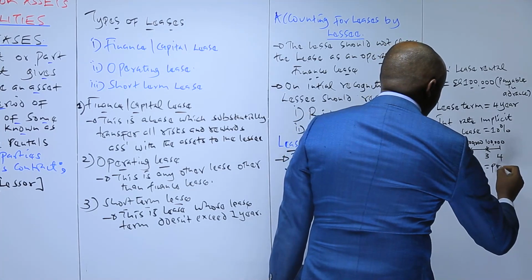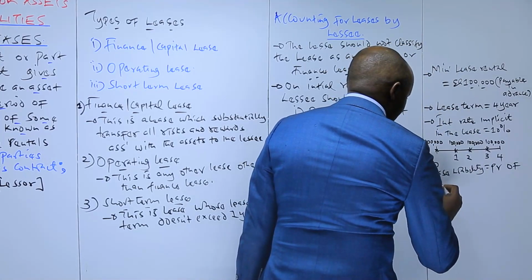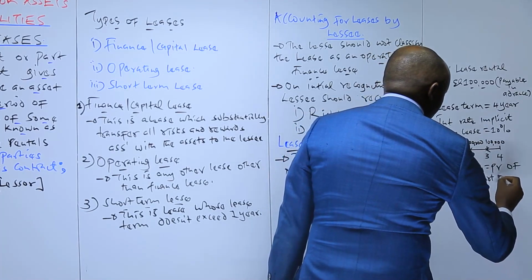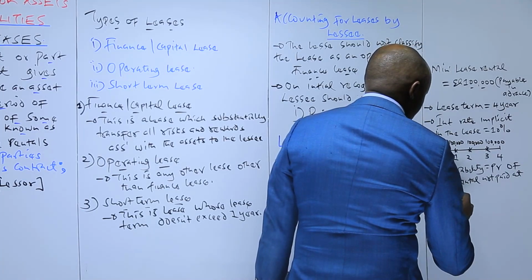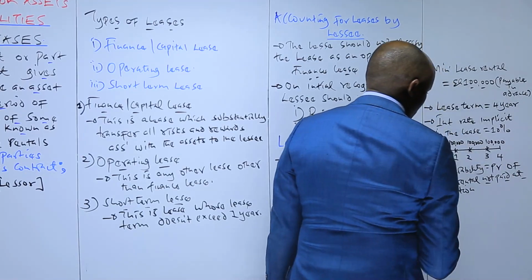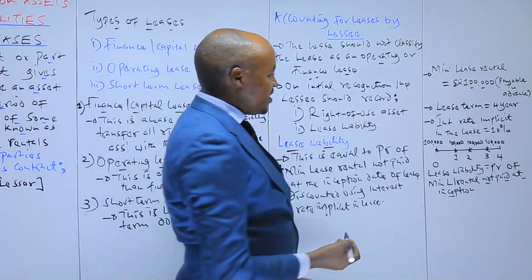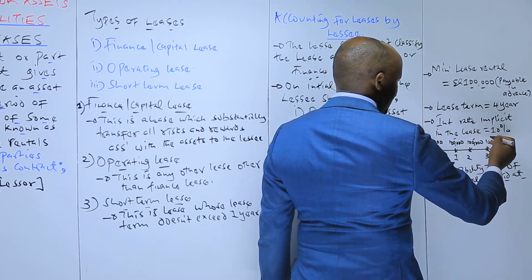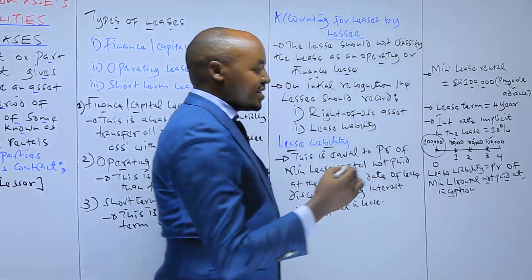So to determine the lease liability here, this will be equal to the present value of the minimum lease rentals not paid at the inception date. When we talk about the minimum lease rentals not paid at the inception date of the lease, we are talking of the rent paid at the start of year 2, year 3 and year 4, because this amount here was paid at the inception date.